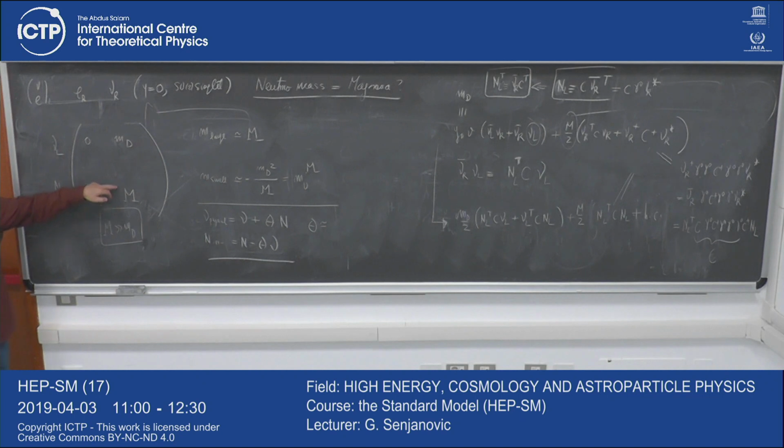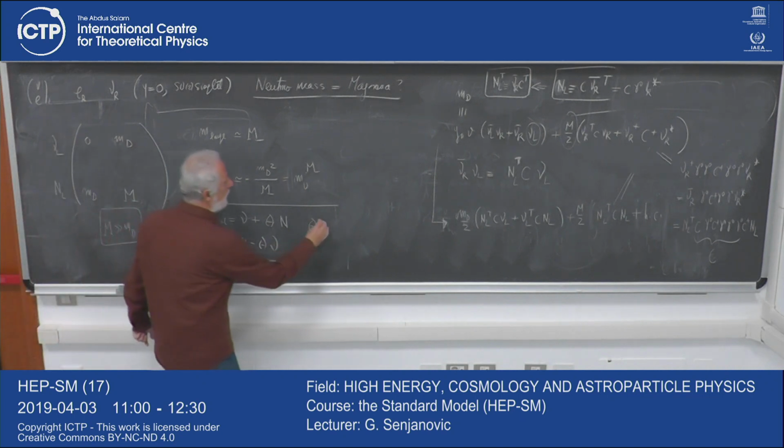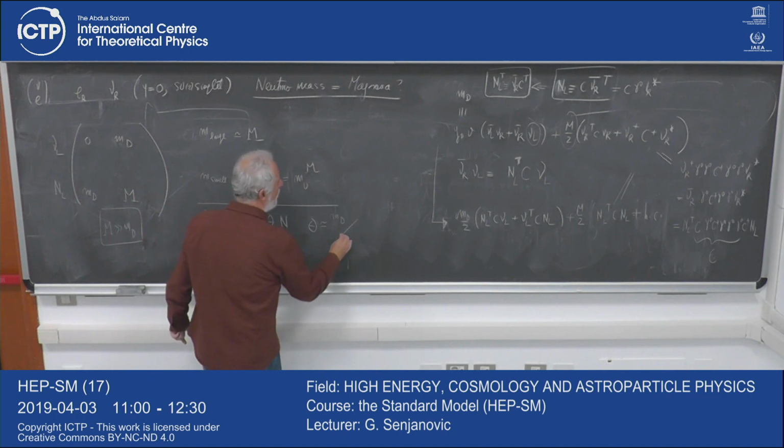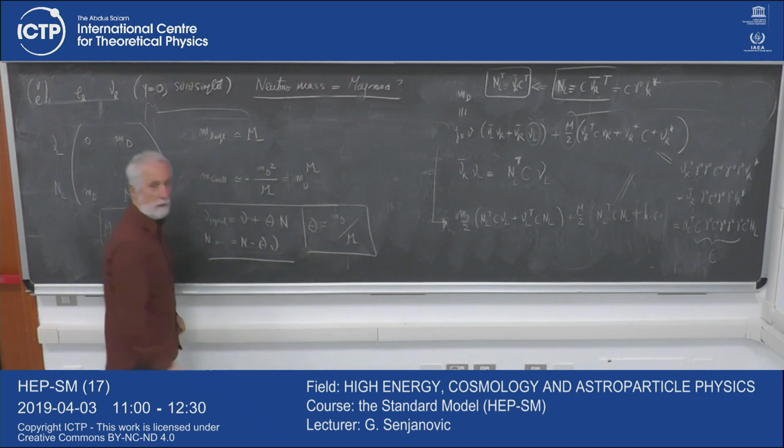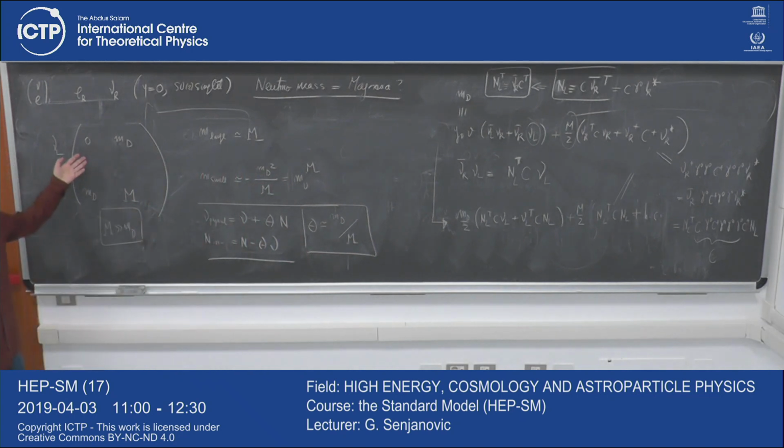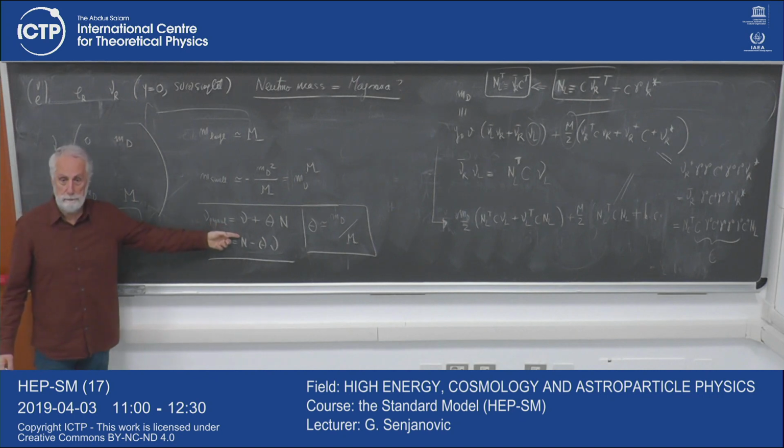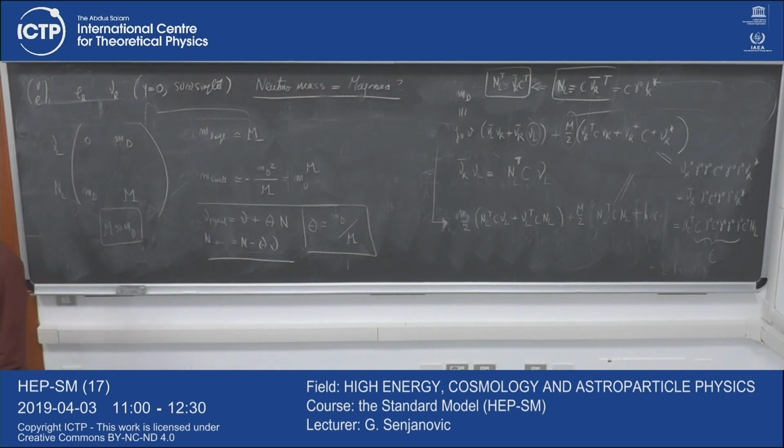It's the ratio of the off-diagonal and diagonal elements. Theta is MD over M. There is a small mixing, in other words. The eigenstates of this matrix obviously are not neutrino, but a mixture. This is what you did with spin.